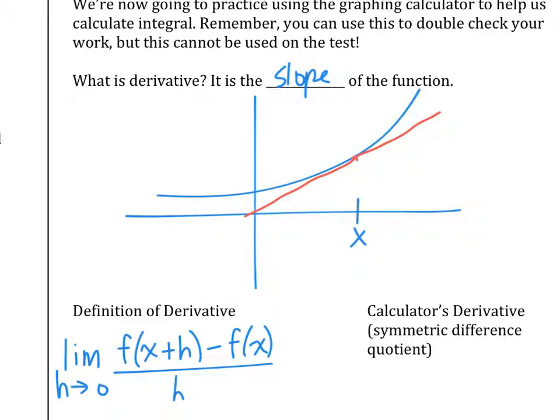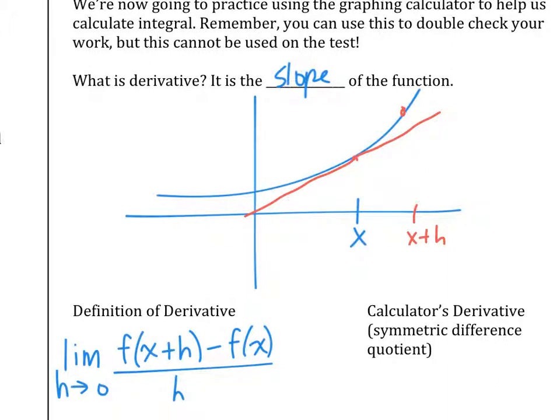So you just need to find another point that is x plus h, so that you can draw a secant line, and then eventually you move it so much closer. This part is h. You move it so much closer to x, where h is almost 0, and then you have this tangent line slope.